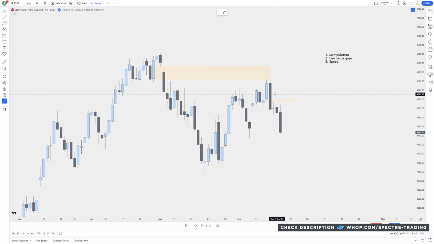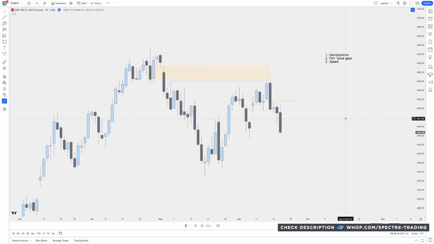But then how quick did it take us to get to the sell side liquidity pool here? You see, this is a 3-bar swing pattern low. It's a form of sell side liquidity. So we want to see how quick price is moving to buy side liquidity and how quick price is moving to sell side liquidity. We can see that once we ran this buy side liquidity, the next candle immediately ran to the sell side.